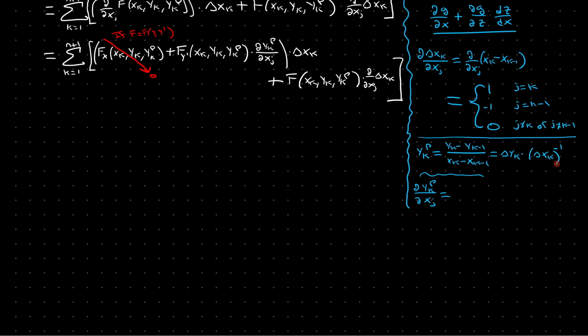The derivative of this with respect to xj is delta yk, because it's constant, times negative delta xk to the negative 2 times the xj derivative of delta xk. This is just the chain rule applied to this expression right here.